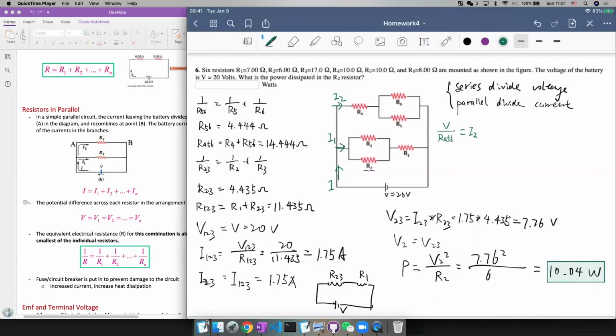And then you have I2, and you want to know... oh, you already have the answer. So P2 is actually V squared times R. I'm looking for R4, like the power in R4. So then P4 would equal I2 times I4. But then I did that.